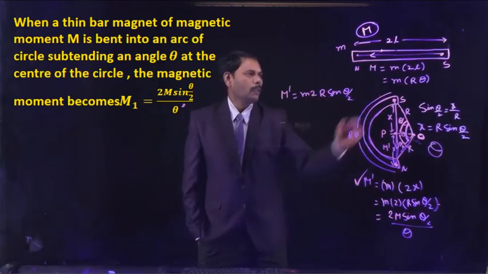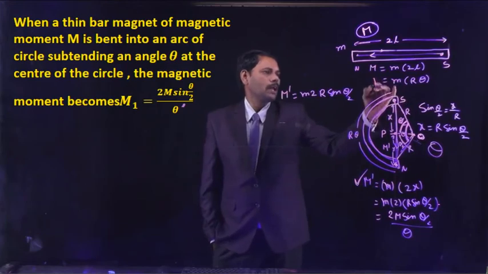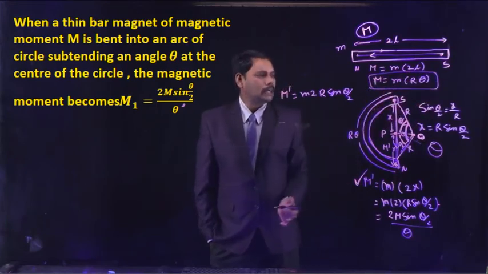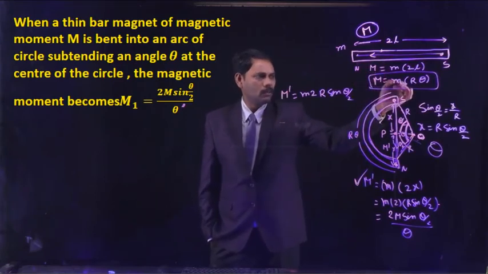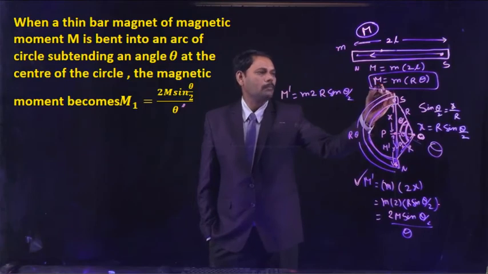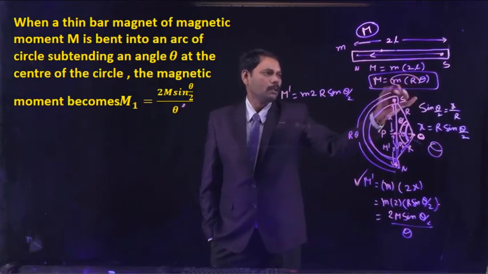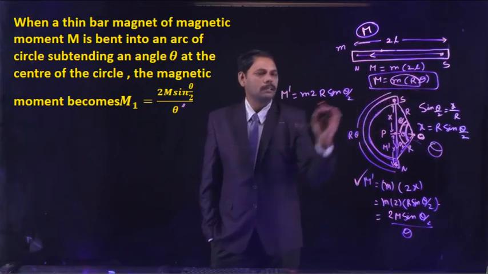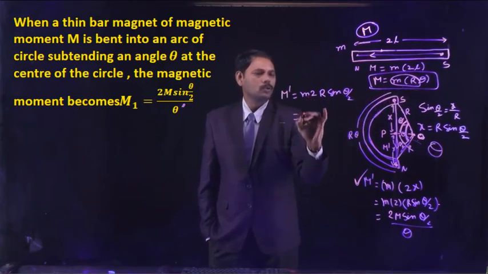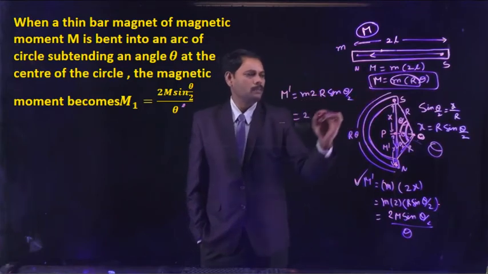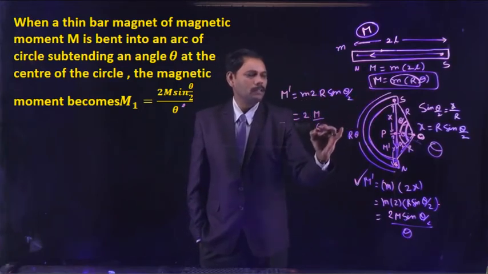And from this equation, as M is equal to small m into r theta for a bar magnet, now r is equal to M by theta. So m r is equal to capital M by theta, and 2 into m into r is replaced by capital M by theta into sin theta by 2.